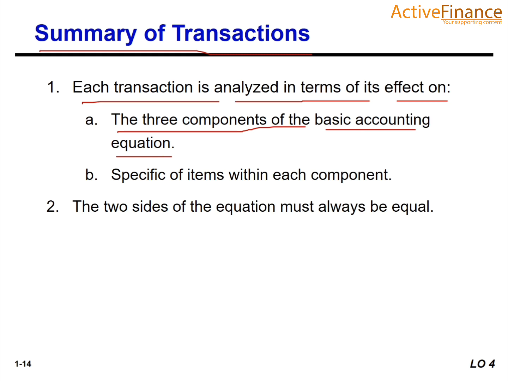Assets equal liabilities plus owner's equity, and the second thing that we have to remember, specific items within each component. So we have seen also the specific items of each component. The second thing that we have to remember, the two sides of the equation must be equal, that we have seen at the end of the demonstration problem.